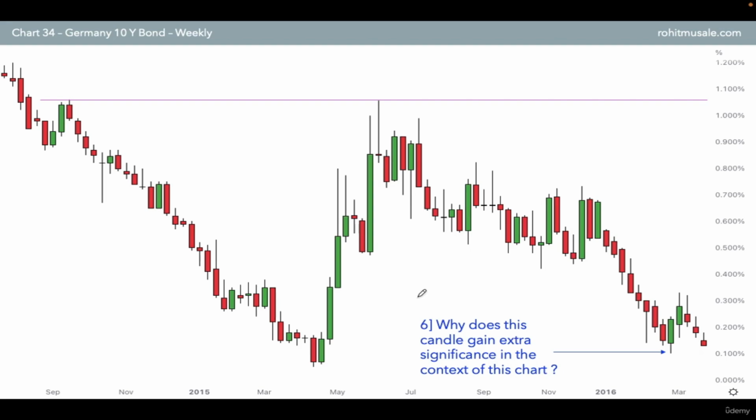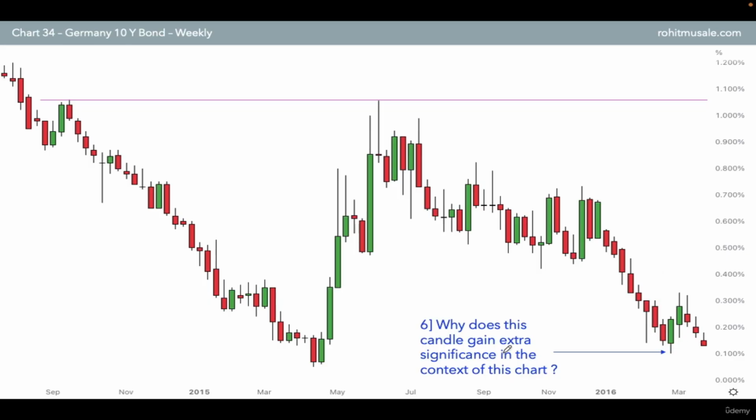Number 6, why does this candle gain extra significance in the context of this chart? So if you look at this candle, it's a bullish engulfing pattern. Most importantly, you look at this candle, that's a hammer, right? If you draw a line at the low of the hammer, this bullish engulfing pattern is confirming the prior support area created by the hammer.